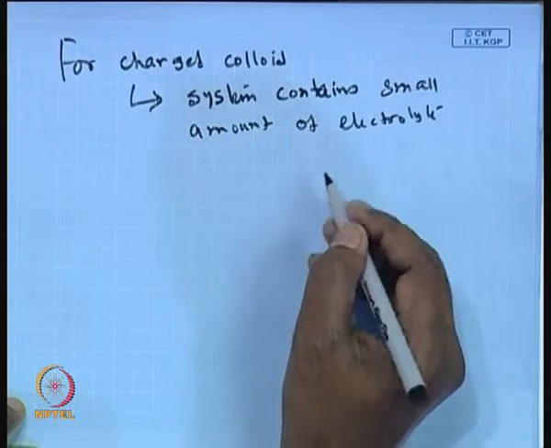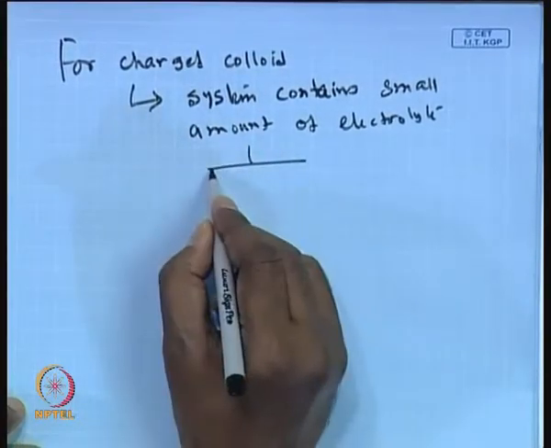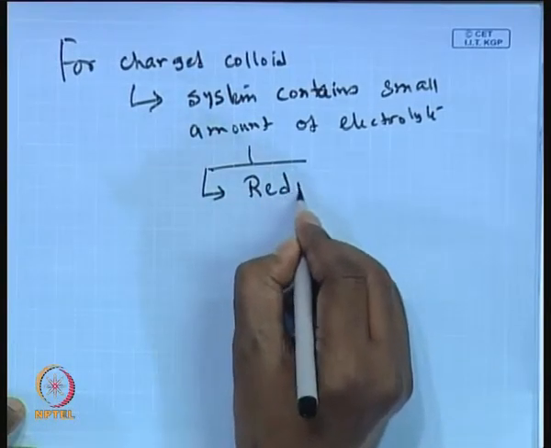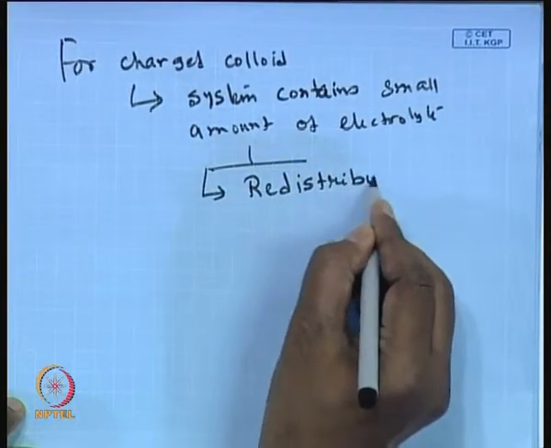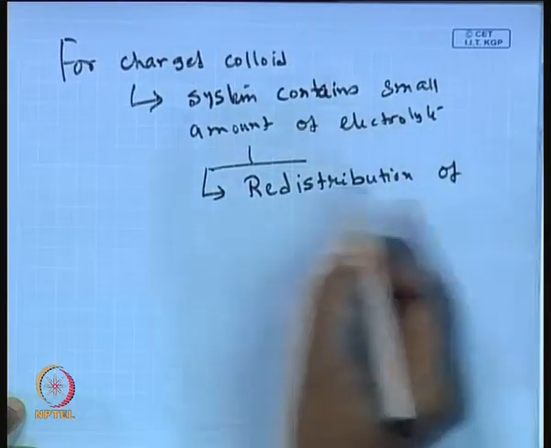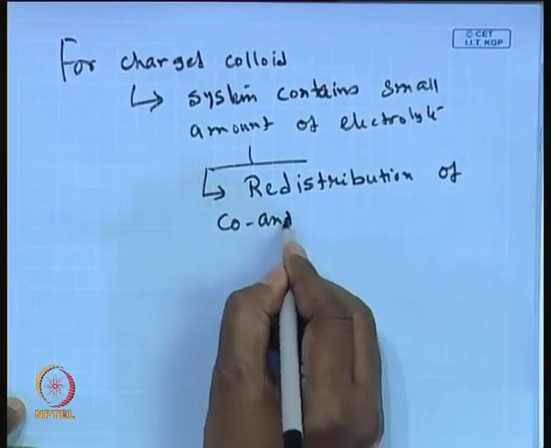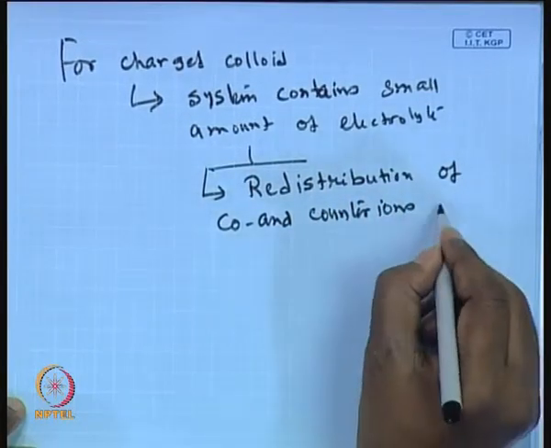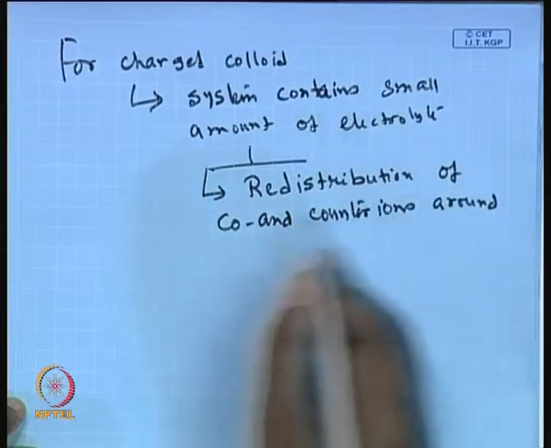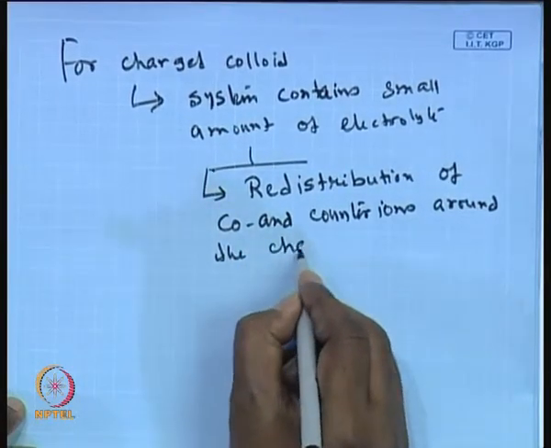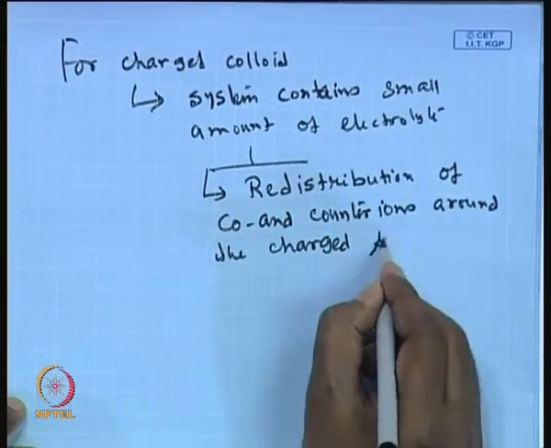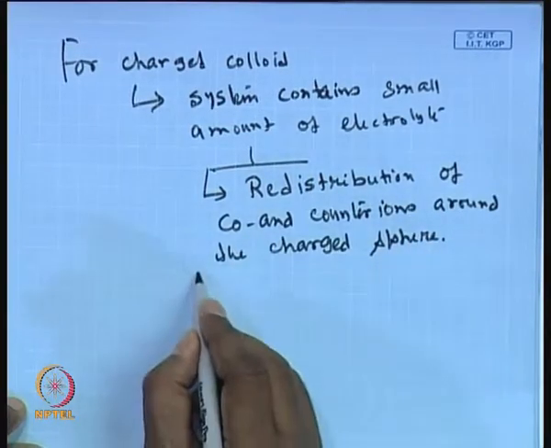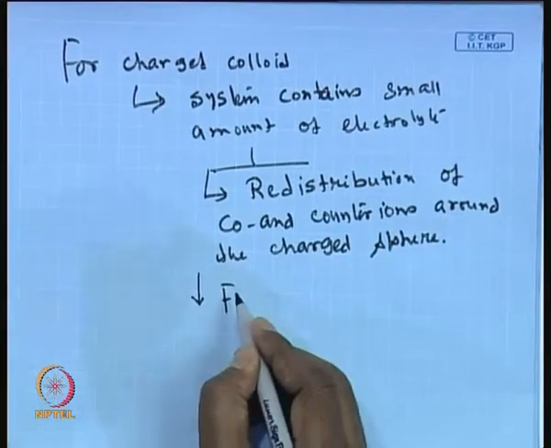They carry appreciable current, and therefore there is a redistribution of the charges, redistribution of co and counter ions around the charged sphere. Okay. So, that means there is a formation of electric double layer.